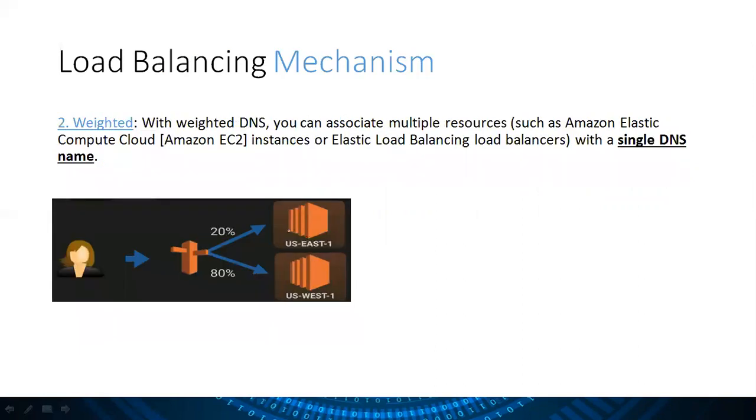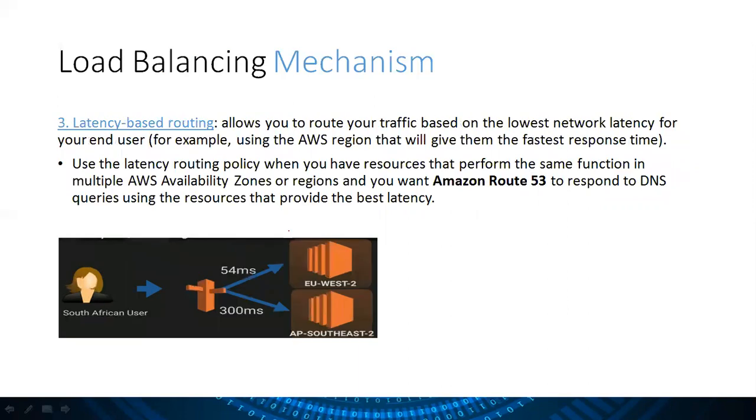We can define that 20% of queries will go to server A and 80% will go to server B. And latency based: AWS Route 53 will periodically send a query to those servers, and whichever resolves fastest, we can ensure that the query will be resolved by the server with the least latency.